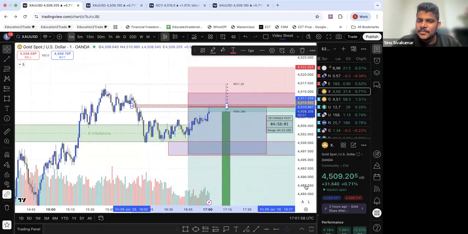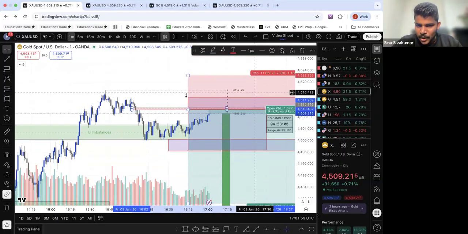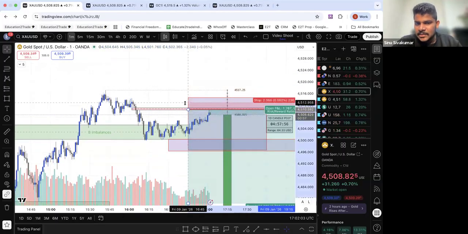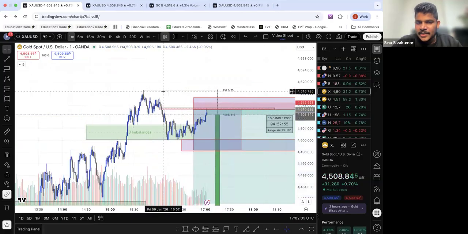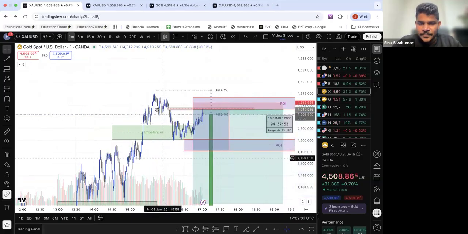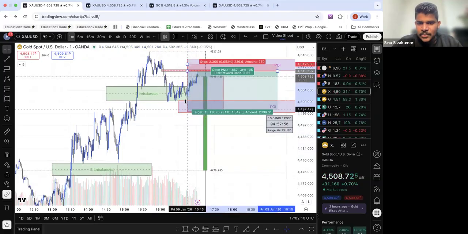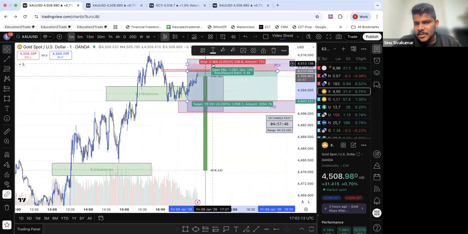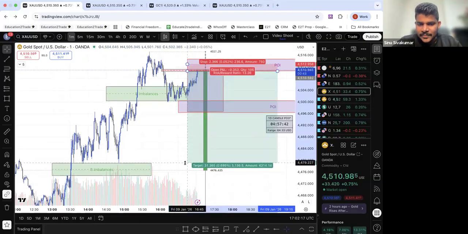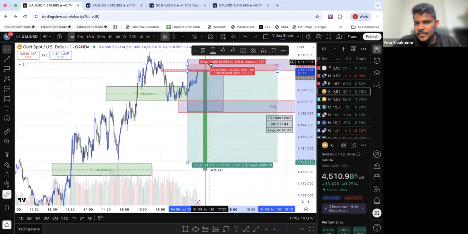So your stop loss would be as small as this, and your first target can be this zone. For a 2 pips stop loss, you're able to hit 10 pips. You can even target 31 pips for 2 pips.